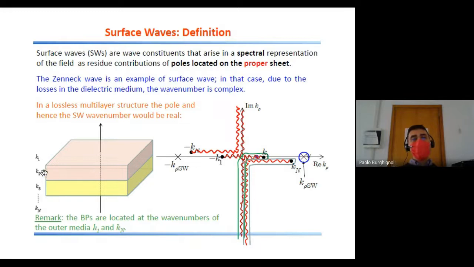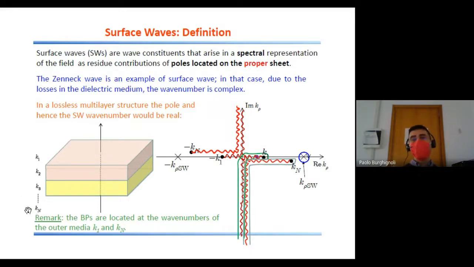Of these layers, a number of them will have a finite thickness, but two of them, the ones with wave numbers K1 and Kn, will be semi-infinite. So we have a half space above filled with medium K1 and a half space below the structure filled with medium Kn.